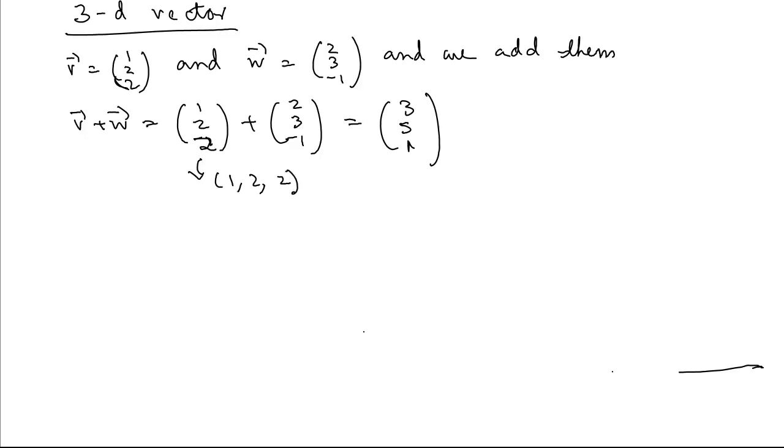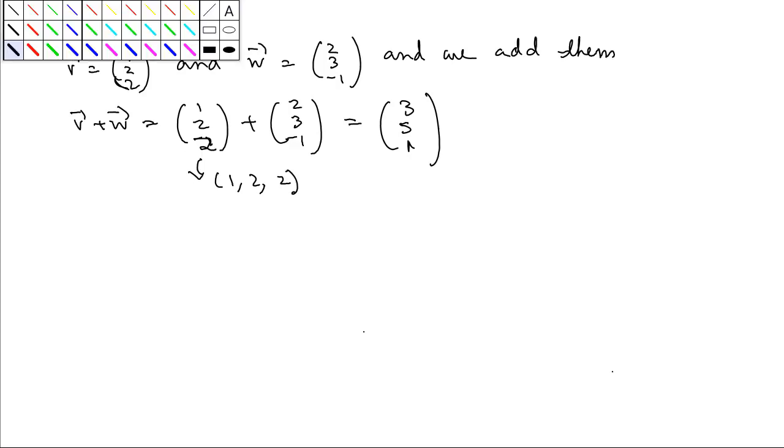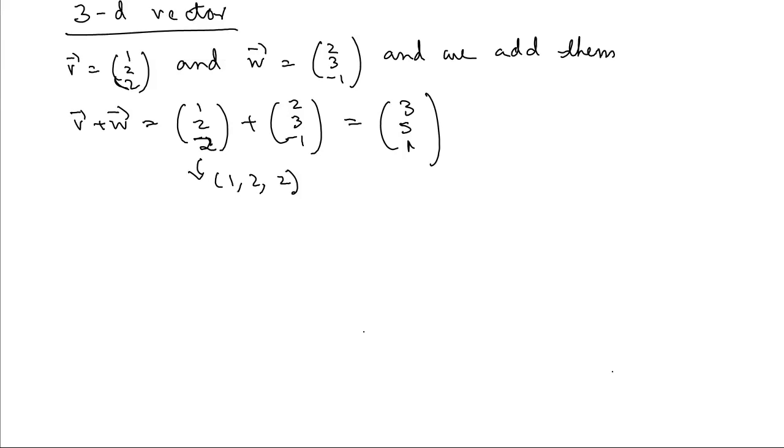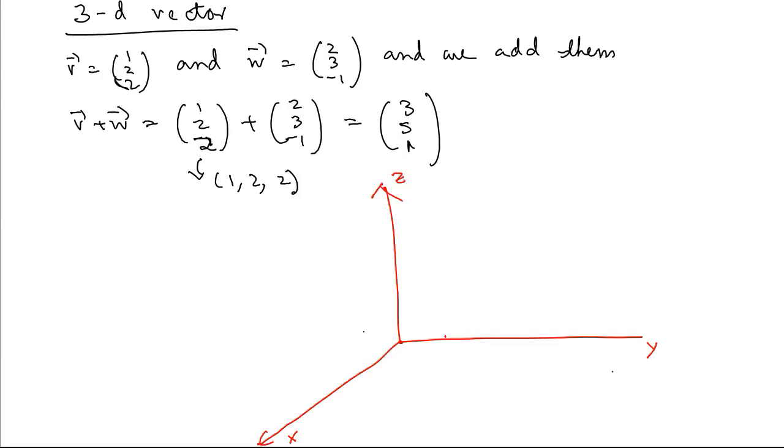So now let's draw this in red, the coordinate in red. This one we call this x-axis, y-axis, and z-axis. 1, 2, 3, 4, 1, 2, 3, 4.